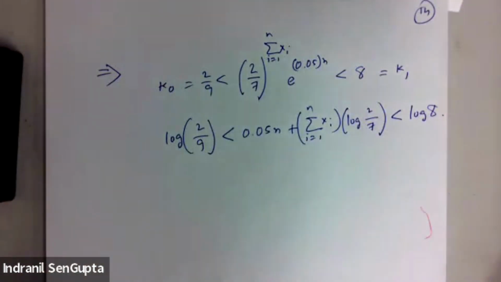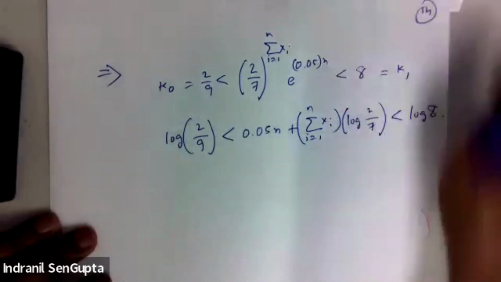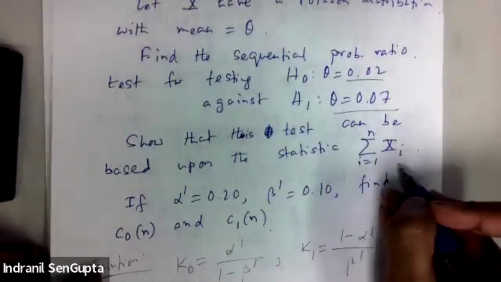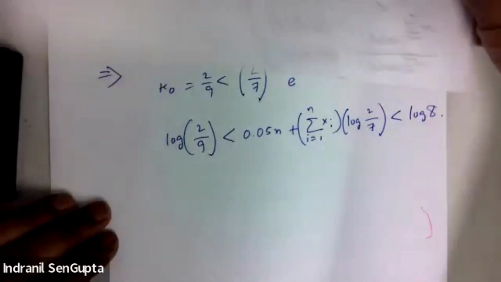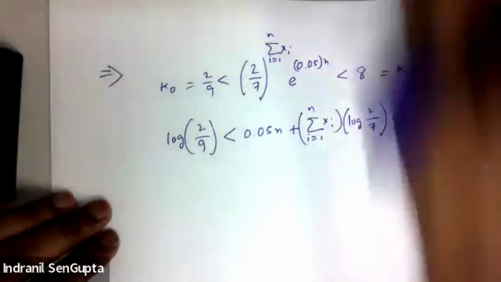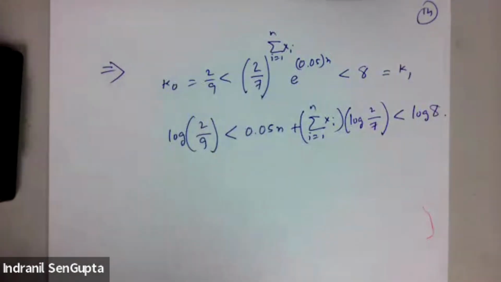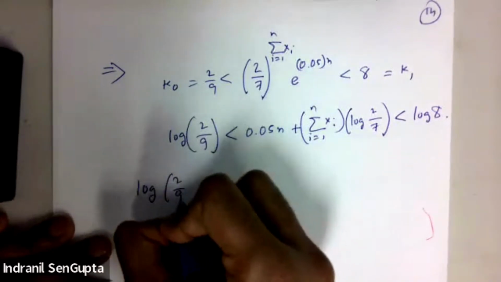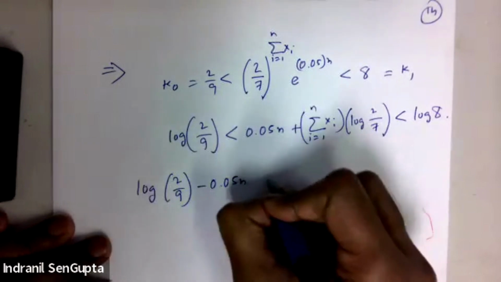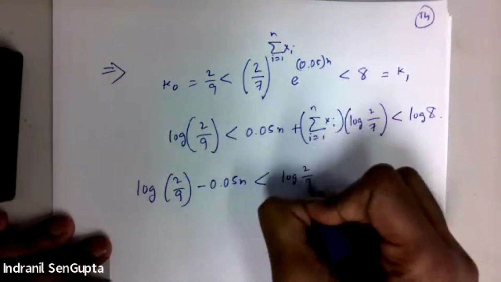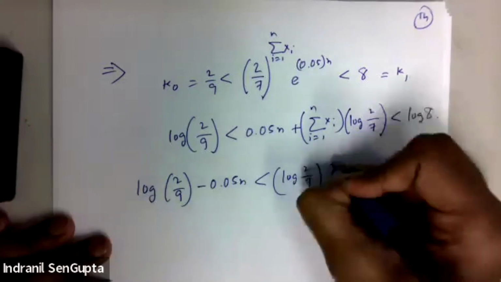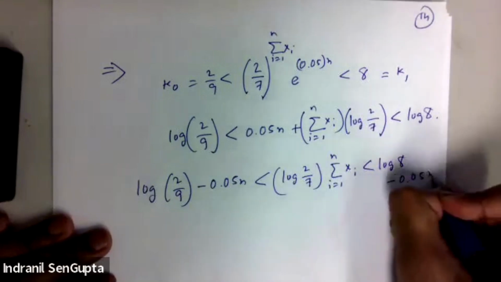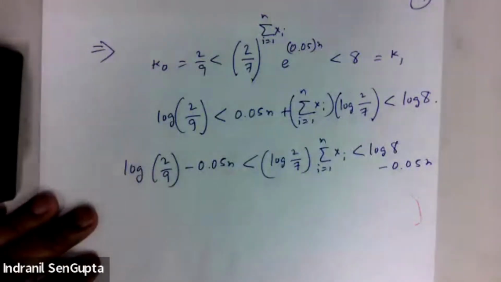Let's talk about the left side. We're trying to see that this test can be done for this test statistic, the summation of xi. So let's try to find the bound. It's log of 2 over 9 minus 0.05 n is less than log of 2 over 7 times summation i from 1 to n of xi, less than log of 8 minus 0.05 n. So I'm subtracting this from both sides. Now let's look at this number.